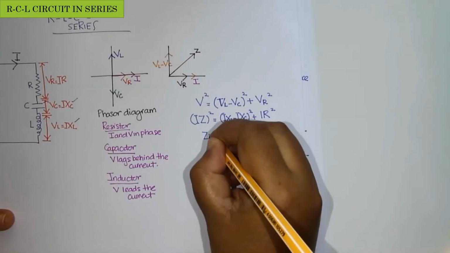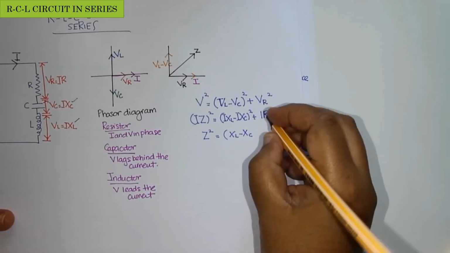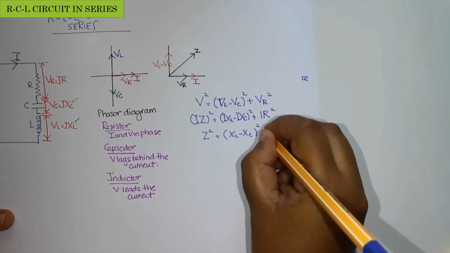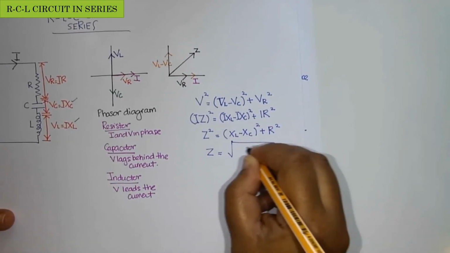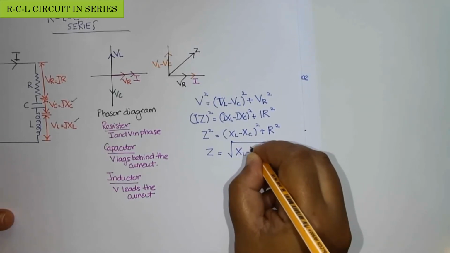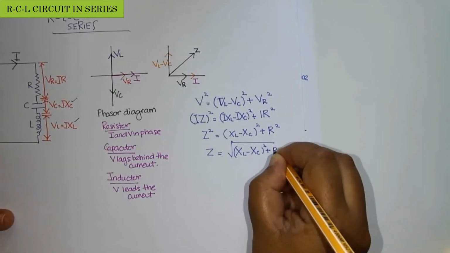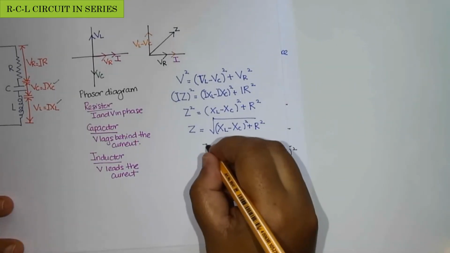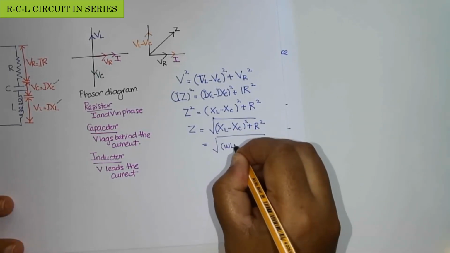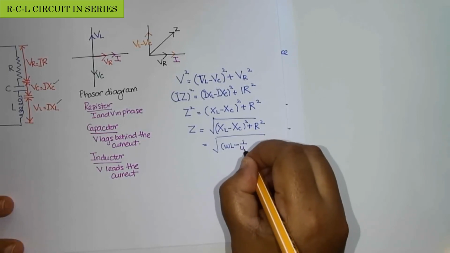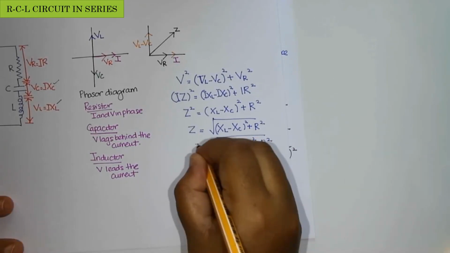When you cancel I, you get Z squared equals XL minus XC, squared, plus R squared. So Z equals the square root of XL minus XC, squared, plus R squared. Then we substitute, and we get Z equals the square root of omega L minus 1 over omega C, squared, plus R squared.